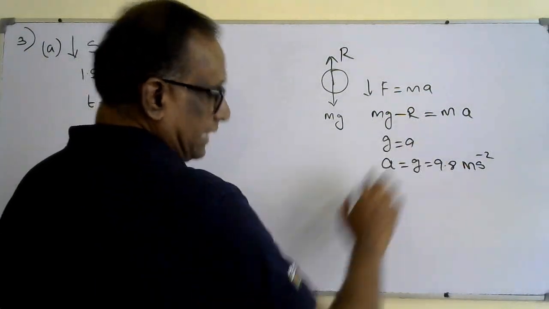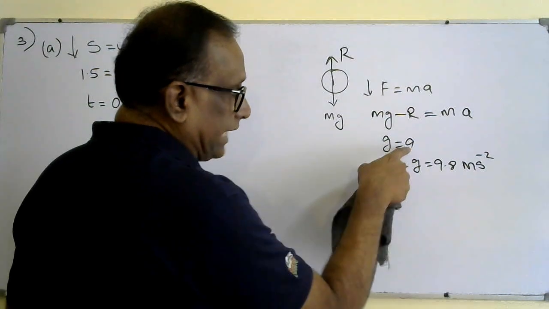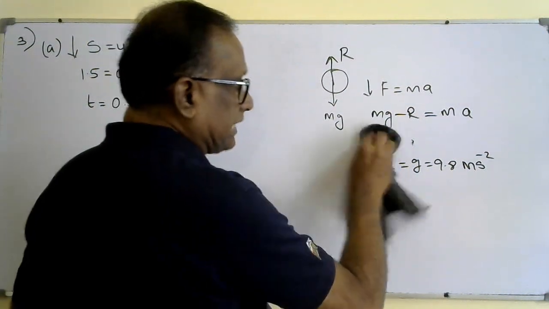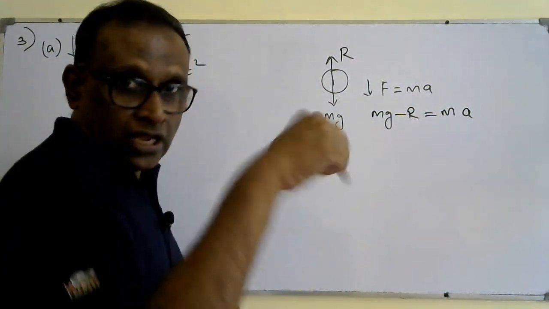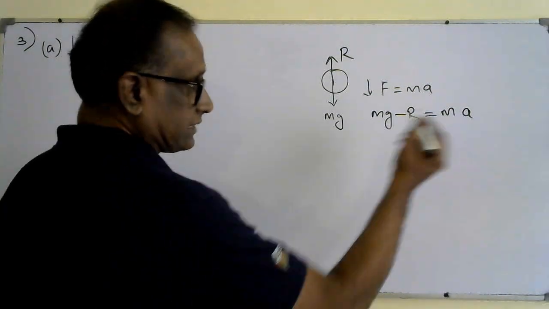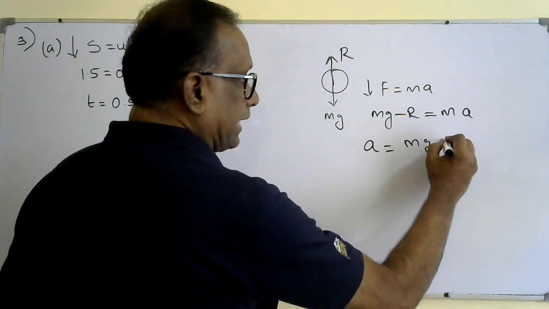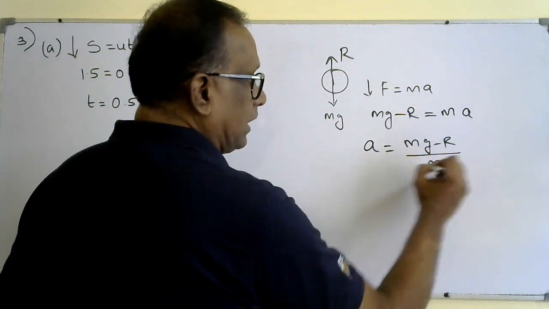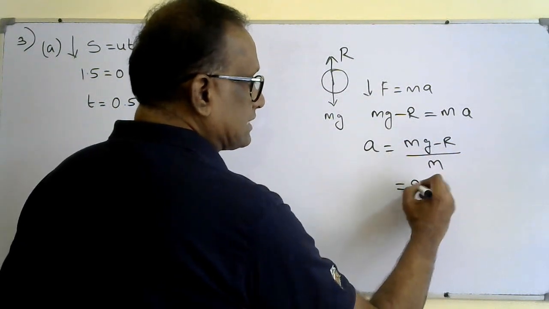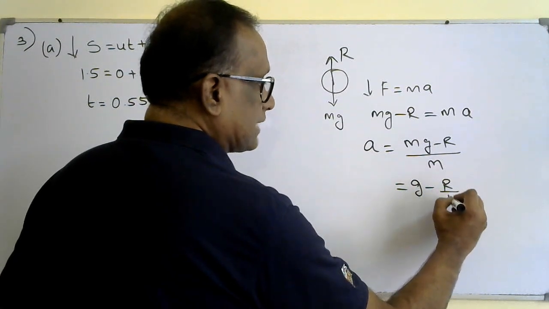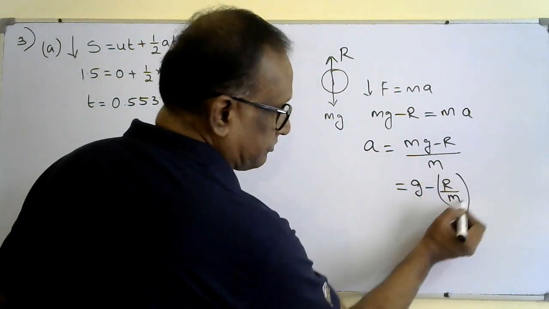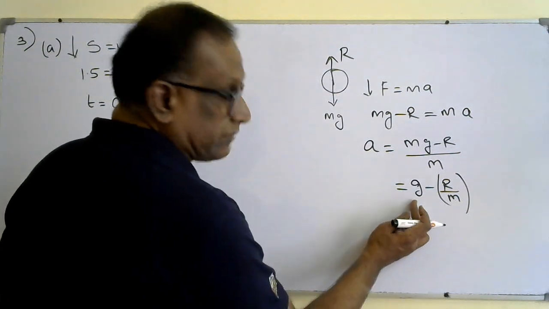So when you do this, you can see, earlier I got acceleration equal to gravitational acceleration. Here I will get an acceleration lower than the gravitational acceleration, because dividing by m to make a the subject, (mg minus r) over m, I can write mg over m as g, so g minus r over m. You can see this factor is subtracted from g.